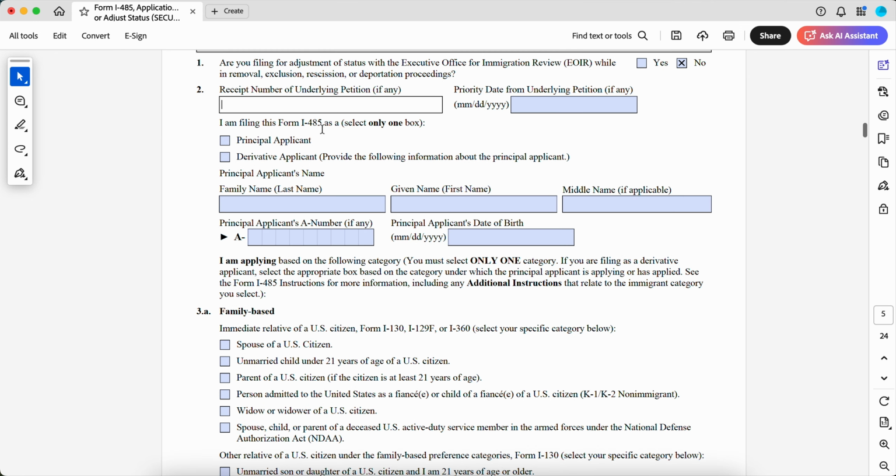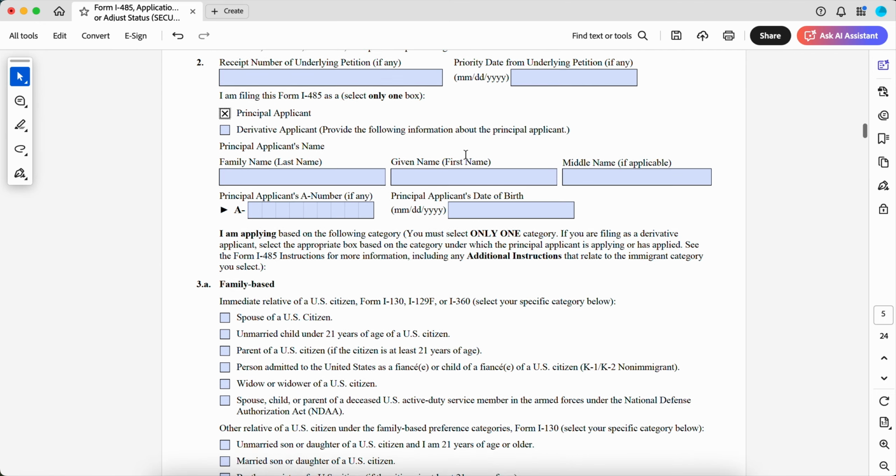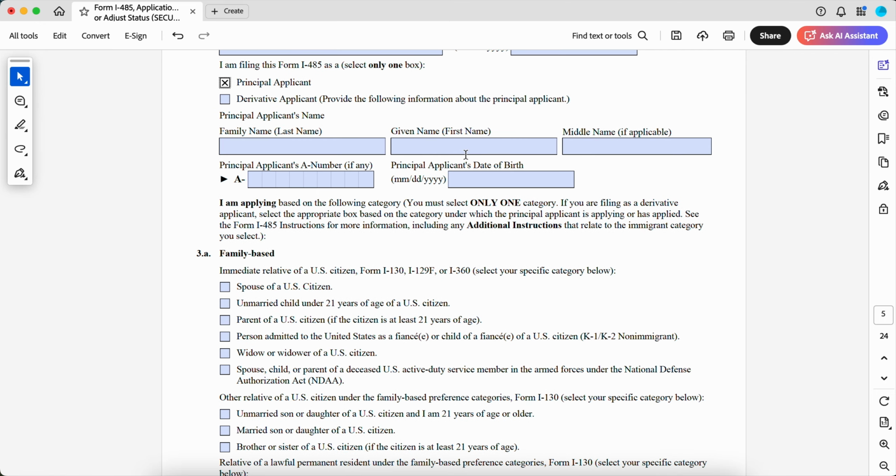If you are not applying by yourself, if somebody else is filing in your name, they have to write their name here. You have to write the A number of the principal applicant and date of birth.